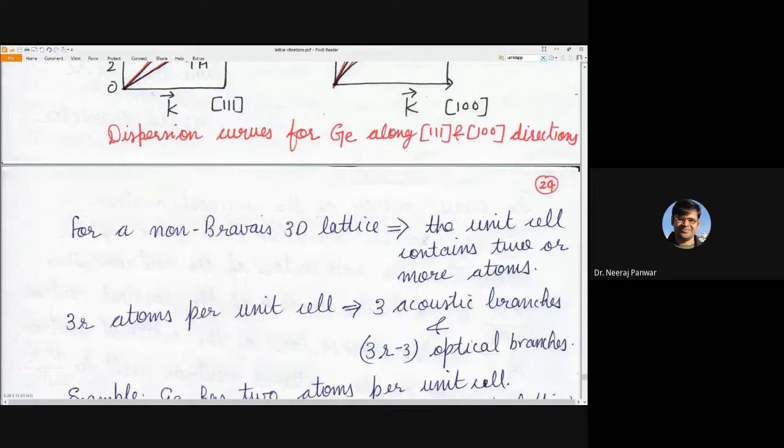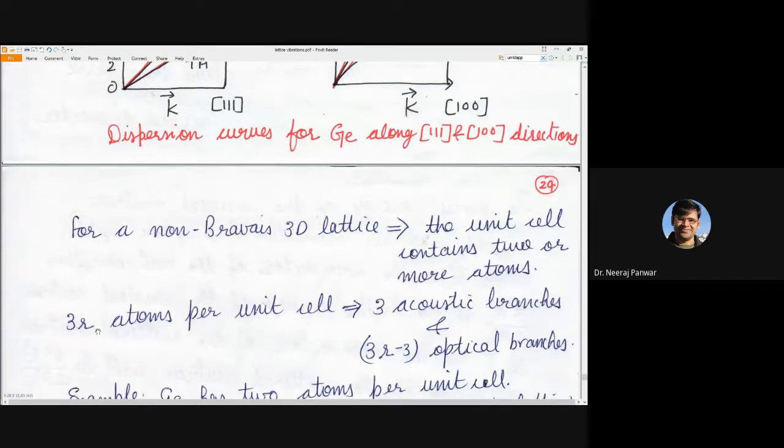So for example, if r is equal to 1, we will have only 3 acoustic branches, because 3 minus 3 is equal to 0. So we will have 3 acoustic branches. This is for a one-dimensional monoatomic chain.